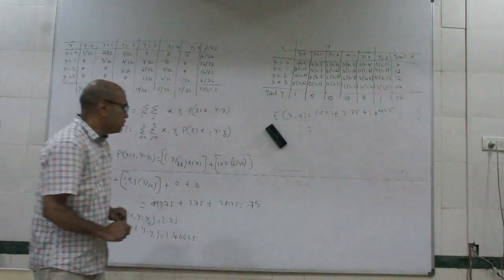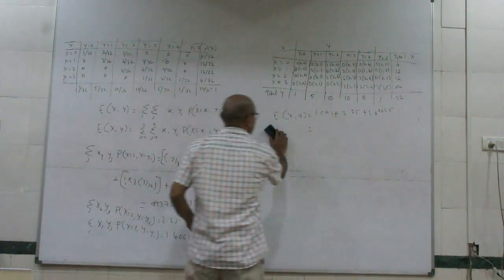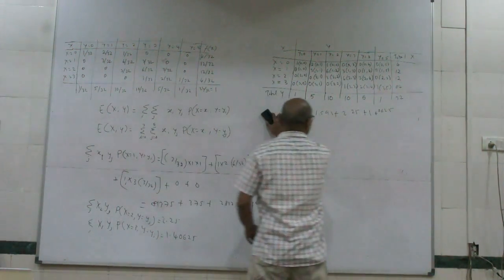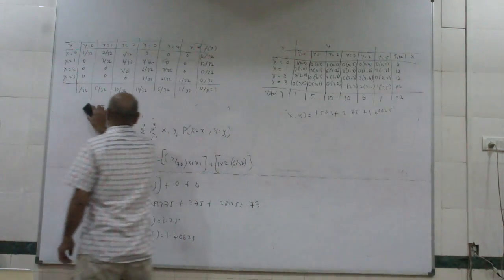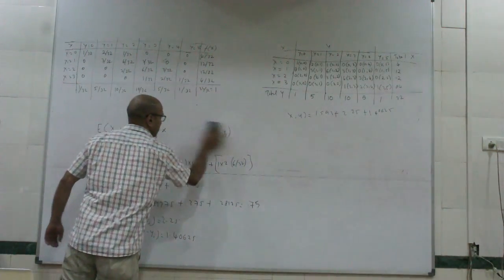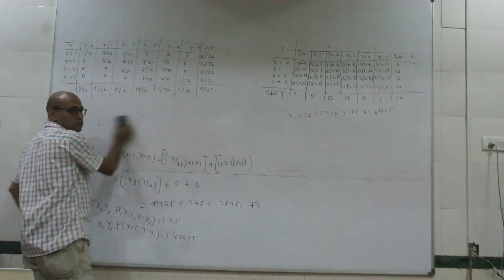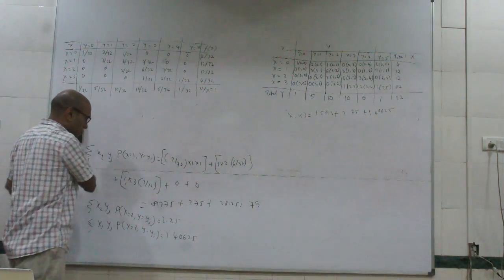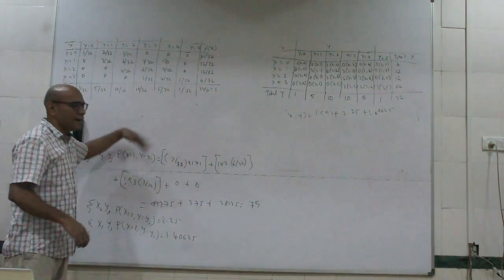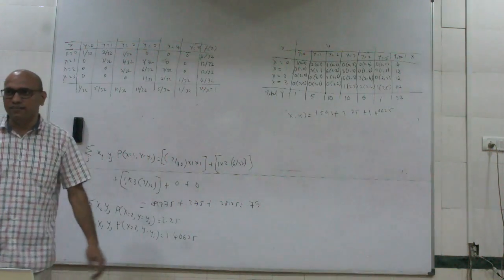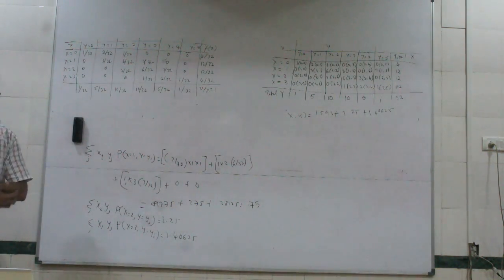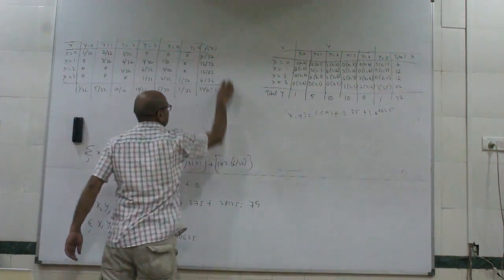Well, we would now look at the last and perhaps quite useful part, and that is conditional probability. If you understand the logic, then these are marginal probabilities.